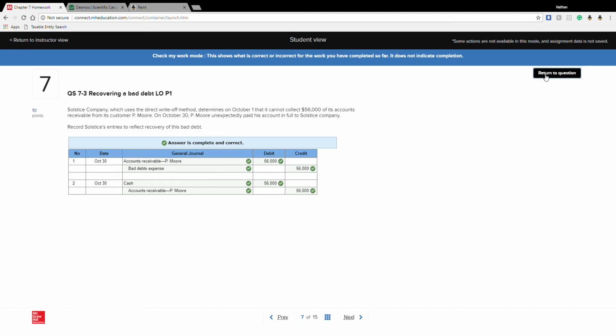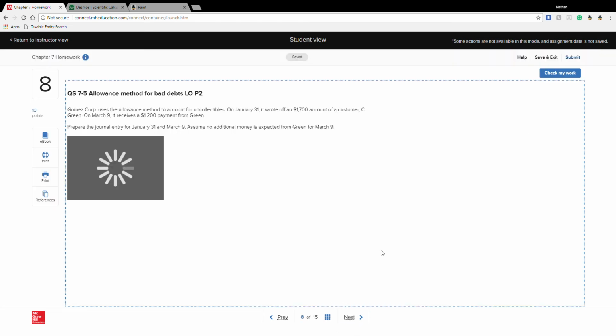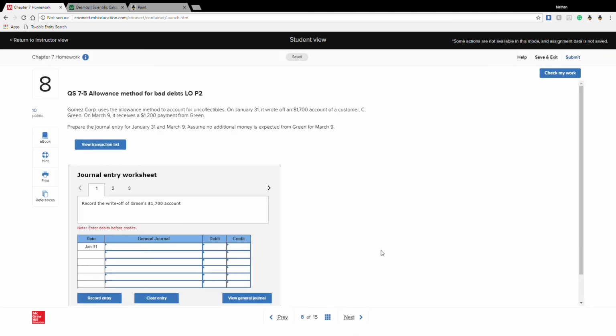So, the next few questions are probably going to be dealing with the allowance method. Now, remember this with the allowance method. It's going to introduce the account allowance for doubtful accounts, or basically ADA. Okay? So, let's start with this. Gomez Corp uses the allowance method to account for uncollectibles.